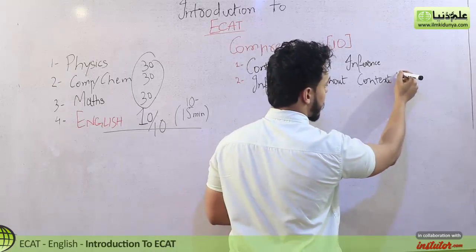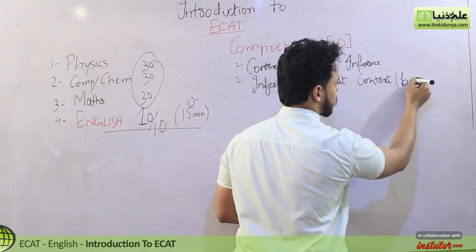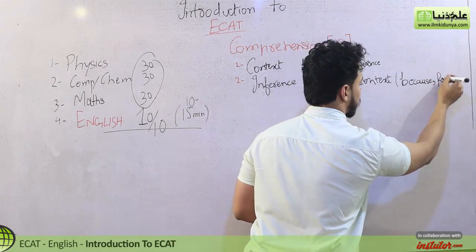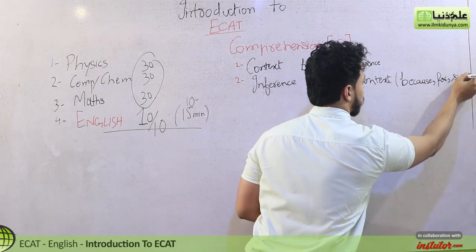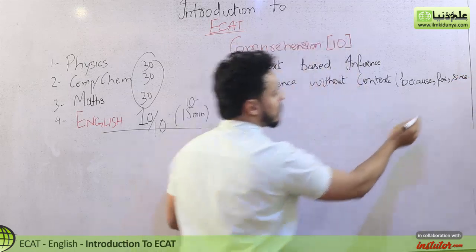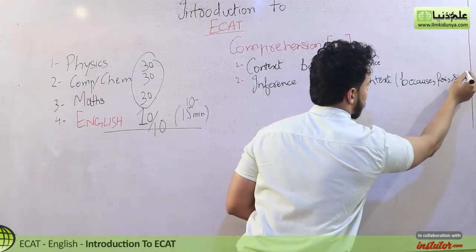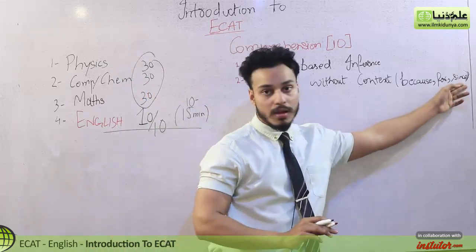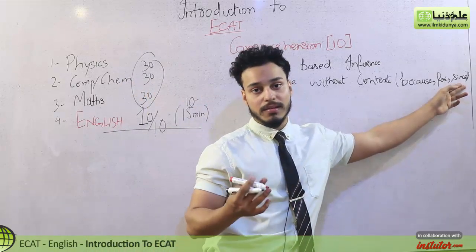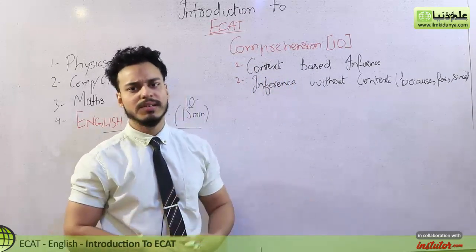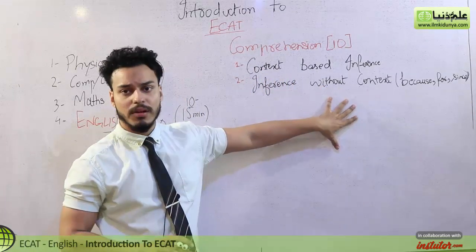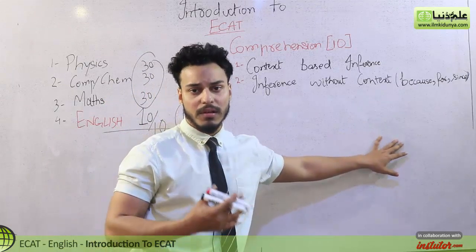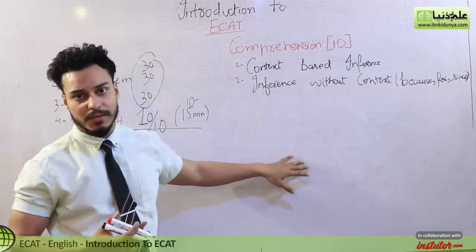For example, because, for, since. These are the three words which are used for reasoning, and they can tell us that something has happened because of it. For example, Thomas fell because of his own mistake, right?